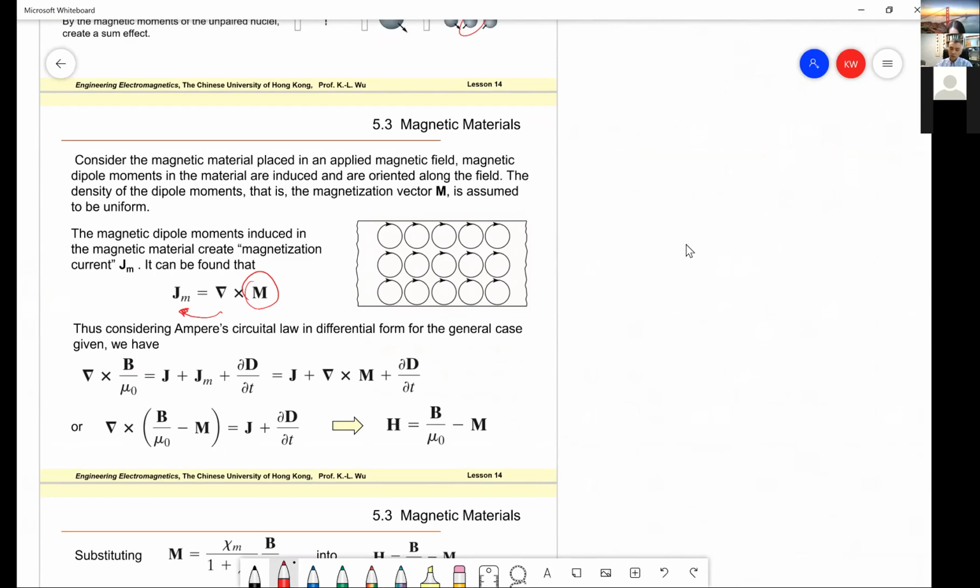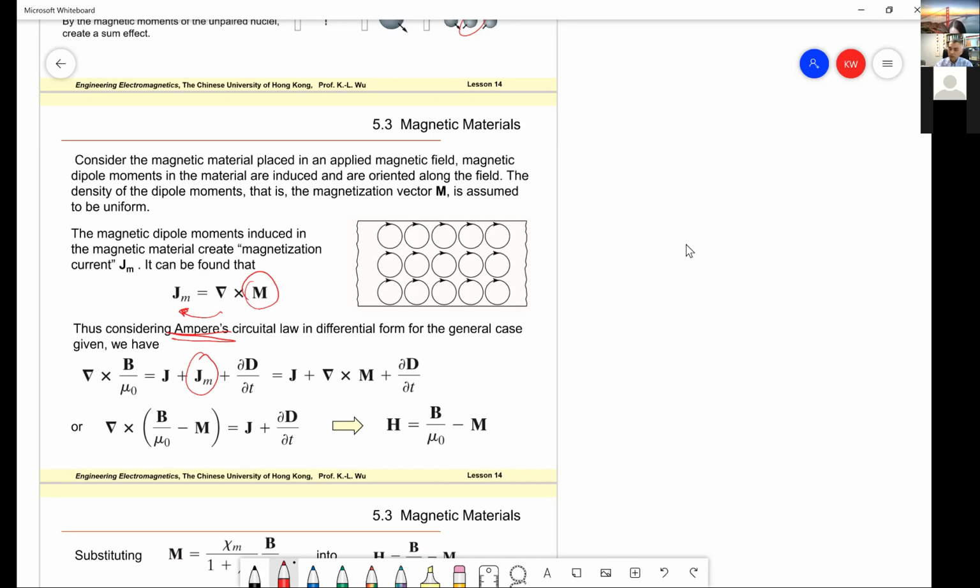Then we modify the free space equation by adding an extra term, the current, which is formed by the spin of the electrons and their movement over the orbit along a certain axis.